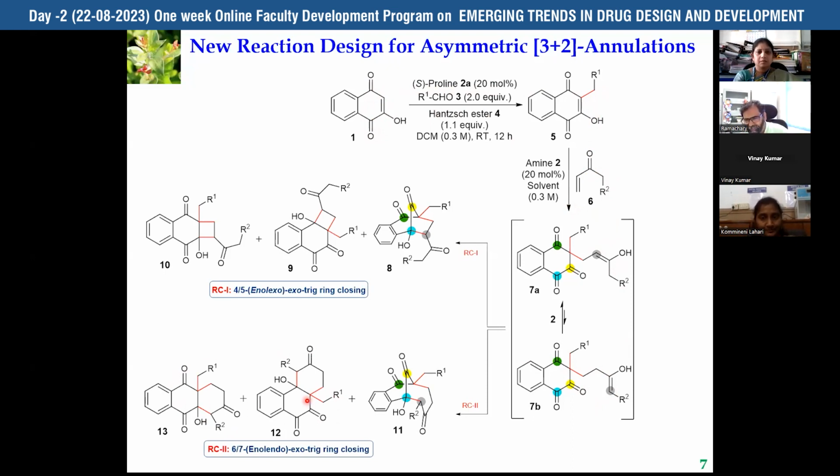But my interest is, when we go through the Robinson annulation reaction, this one is a nucleophile, this is the electrophile. If you react with this, intermediates will form like that. This double bond will move inside, the electrons will be like that, and the OH will form. Then what about this double bond? Whether this double bond is really forming or not, up to now we don't know.